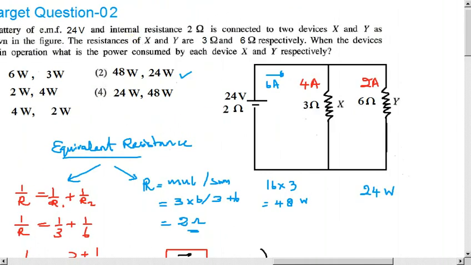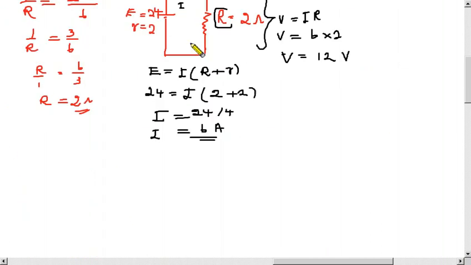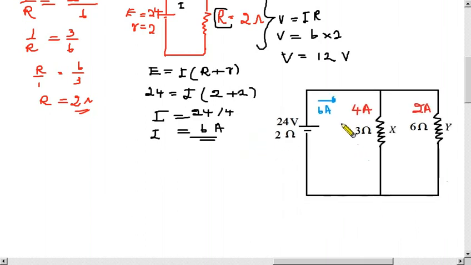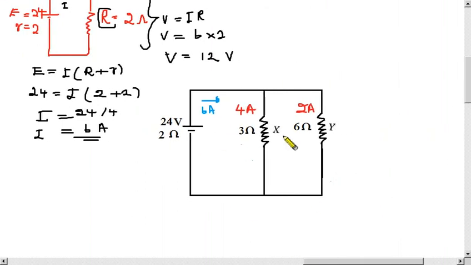Then we go back to this circuit. We write the voltage that is common for both. Then here V equals IR.